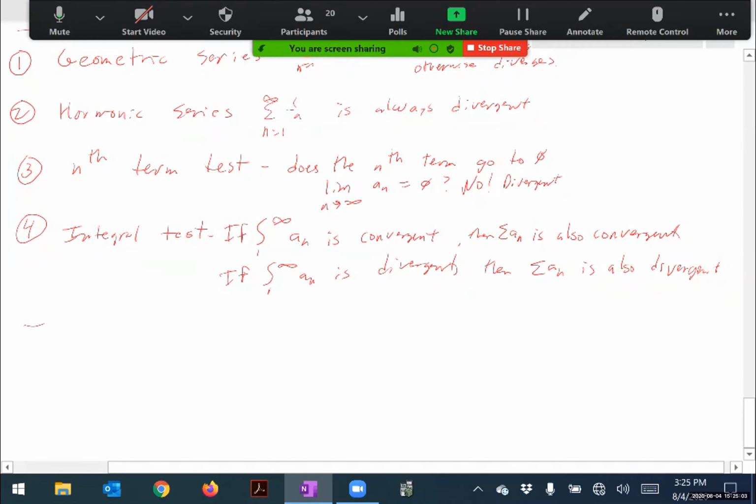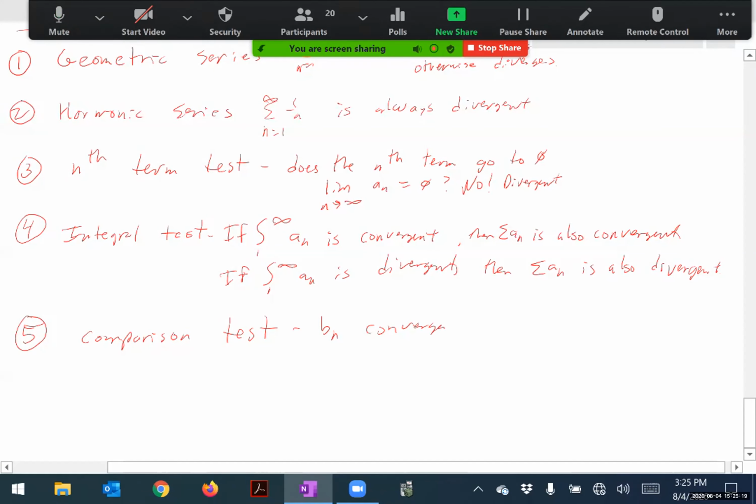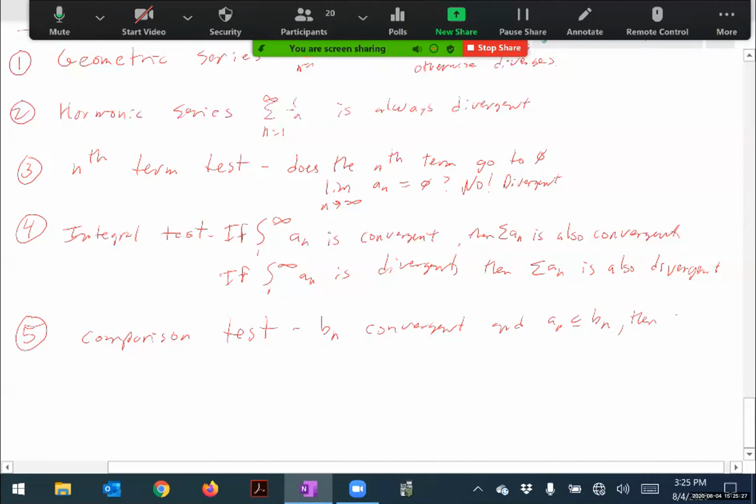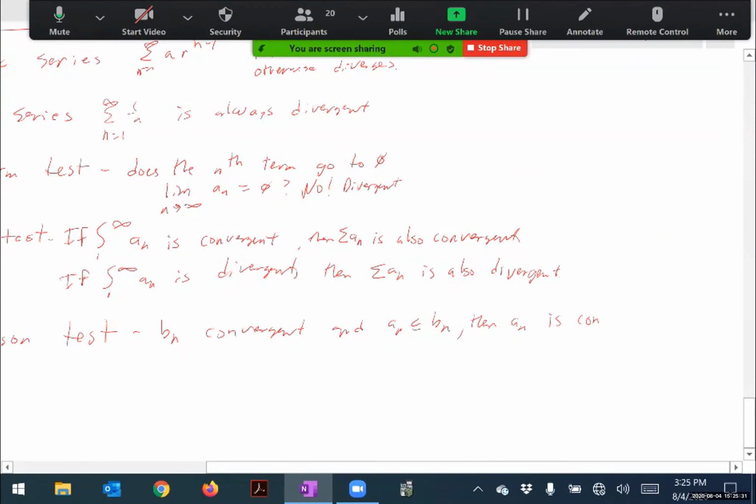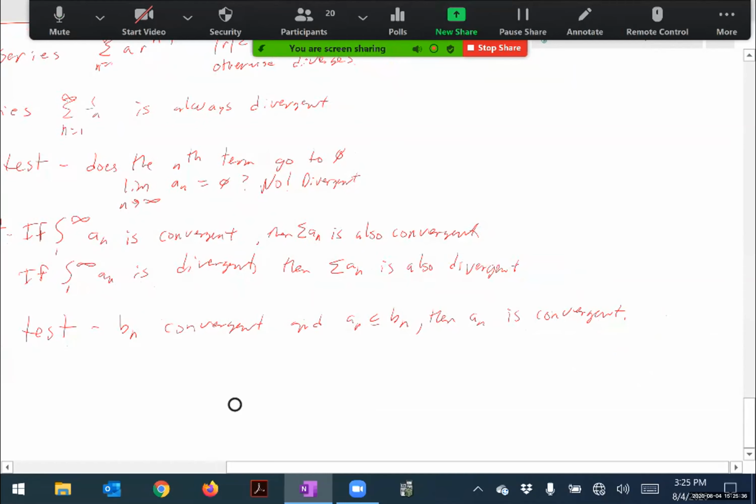Okay, number 5, comparison test. If the summation of B sub n is convergent and A sub n is always less than B sub n, then the summation of A sub n is convergent.